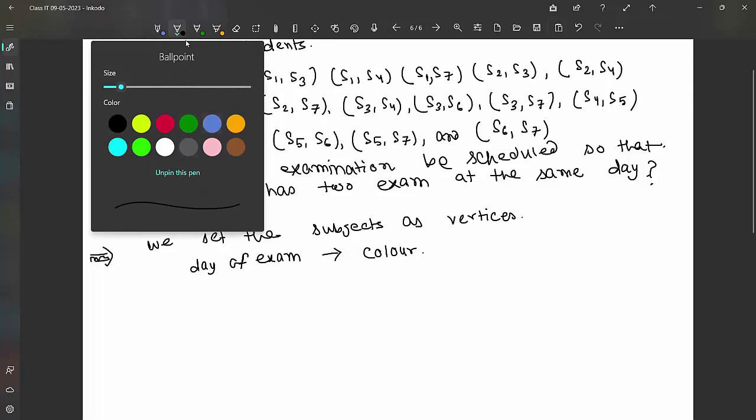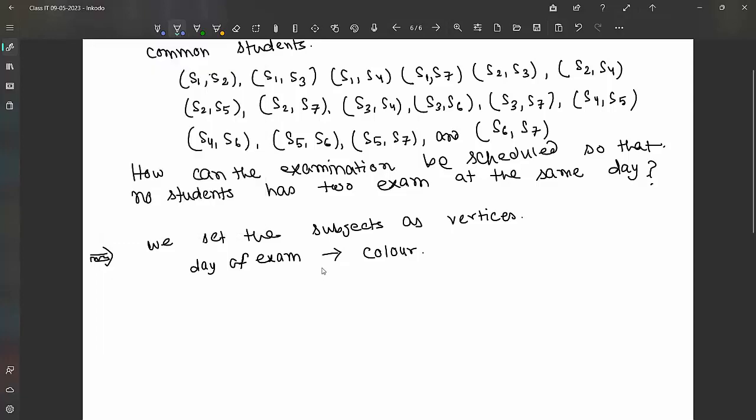Here you have total 7 number of vertices. Just give these 7 vertices here. So suppose this is S1, and put here S2, here S3, here S4, here S5, and S6 and S7. Okay.